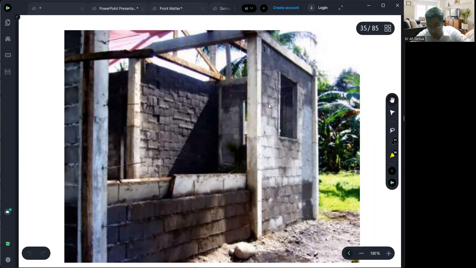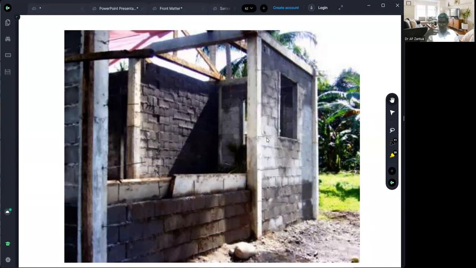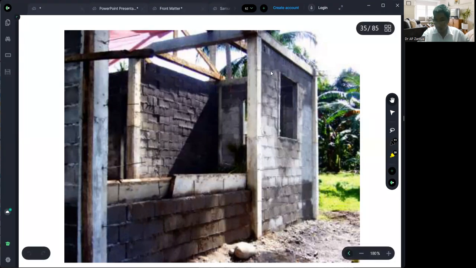This is actually a connector, not reinforcement, because nowadays the minimum reinforcement is 10 mm. So this connector could be 8 mm. So this is not a reinforcement but a connector. It can connect the wall to the column. So that is the difference between the words connector and reinforcement.